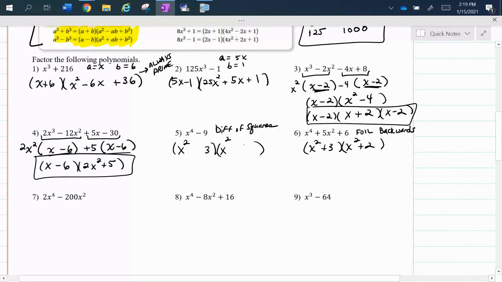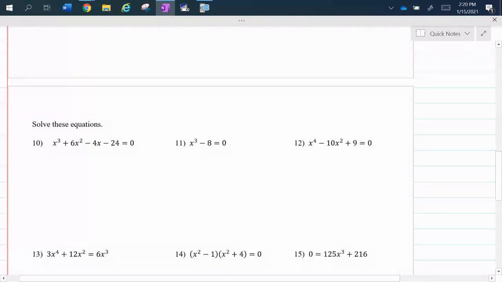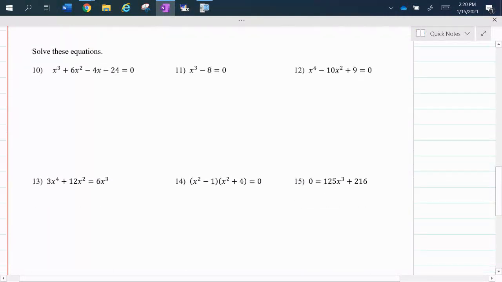What times itself gives me 9? And I want 1 minus and 1 plus. So we've got the difference of squares, and we've got a regular old trinomial here. But the difference is we've got a quartic instead of a quadratic. So we can use this type of factoring in order to solve polynomial equations. So let's go to the second page, and let's solve a few equations together.